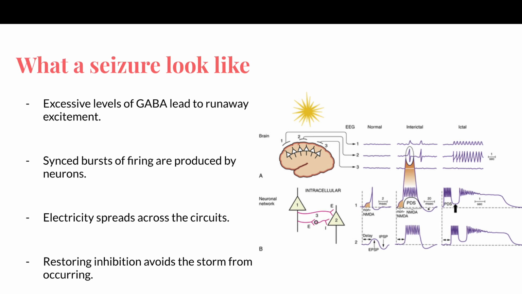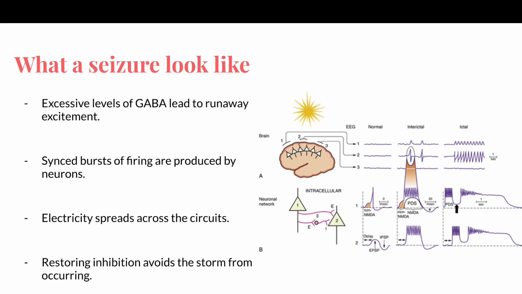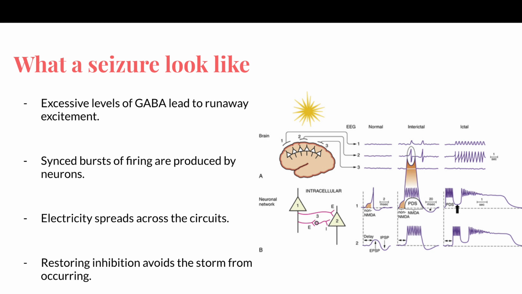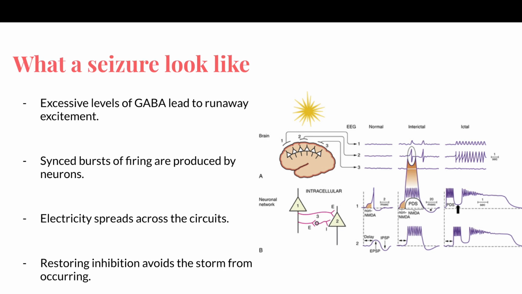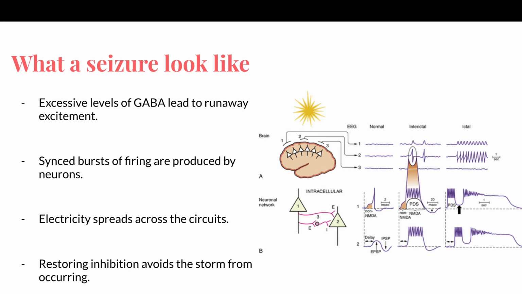This is because inhibition can't stop the excitement. The activity spreads through the network and turns into the hypersynchronous burst on the right, which is the full seizure. That's important to understand because this doesn't just happen from too much excitation. It also happens when there's not enough inhibition. That's why drugs like Vigabatrin boost GABA and strengthen inhibition, and this stops the wave before it takes over.